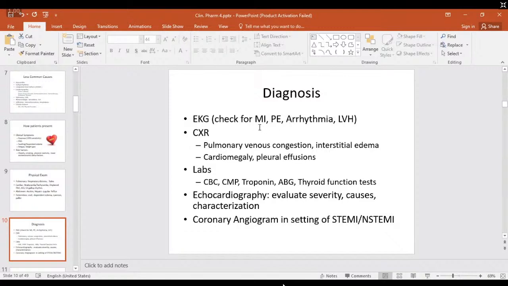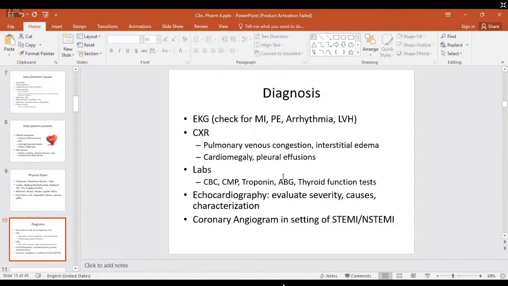We can also detect left ventricular hypertrophy. The chest X-ray is a very simple exam, but it's very helpful in the diagnosis of heart failure, and it can show us pulmonary venous congestion or interstitial edema. It can also show us cardiomegaly.